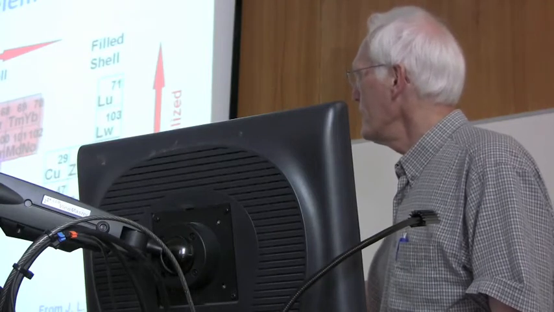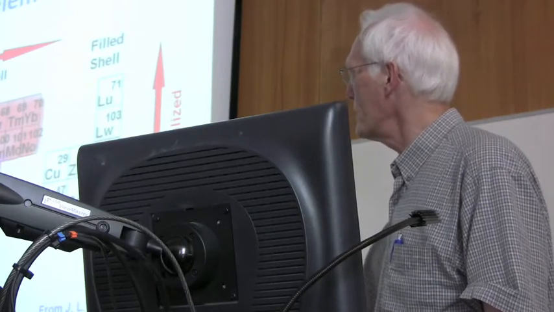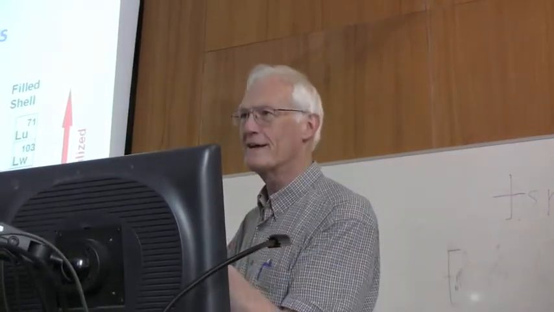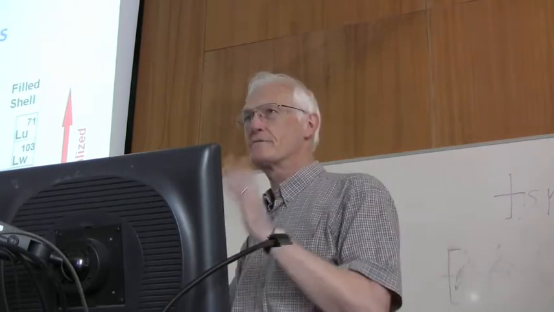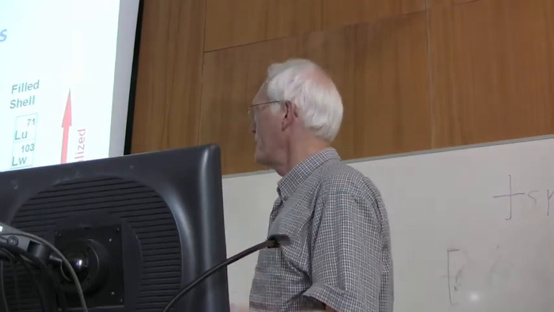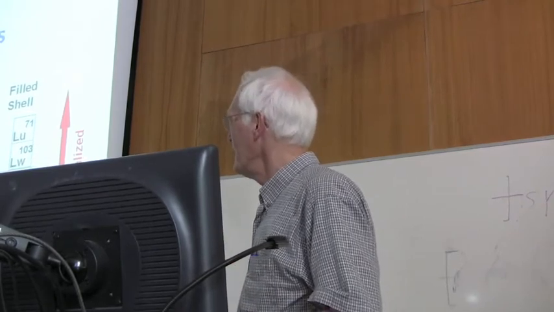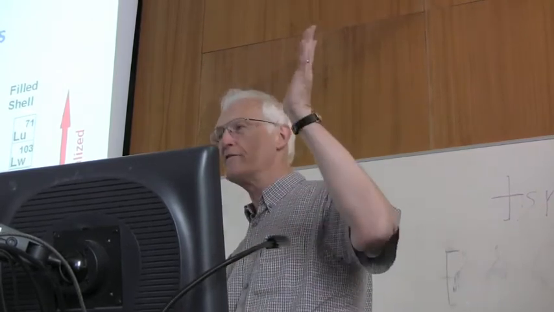There's a huge transition between plutonium and americium, where they tend to just jump from very localized to very band-like, with a big change right there in the properties of the materials. Cerium, I'll show you something for. It can come in two forms at very different volumes.